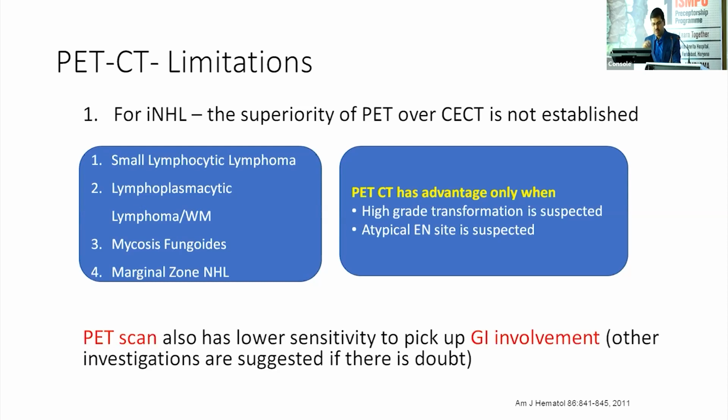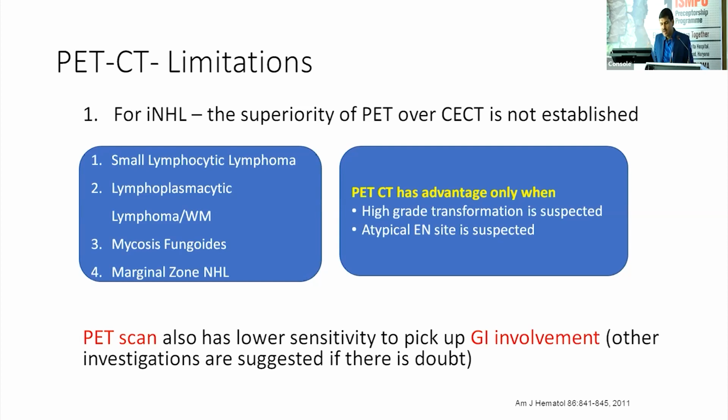The other area of concern for PET CT is picking up involvement of the GI system by lymphoma. Those who work in medical oncology, please go back to your colon carcinoma patients. You will see physiological uptake in the entire gut and colon in PET, because it is always in the process of peristalsis.